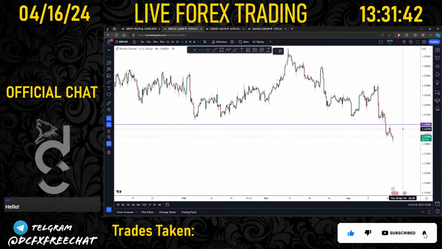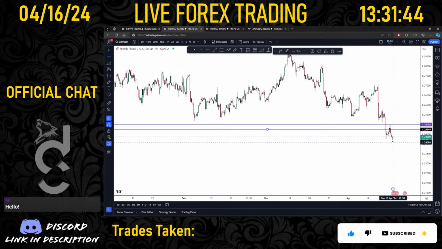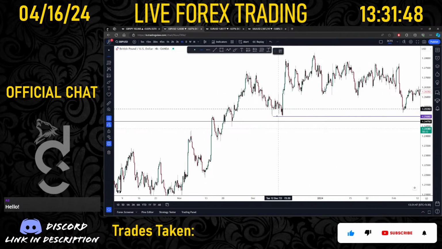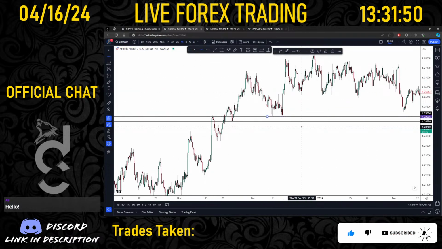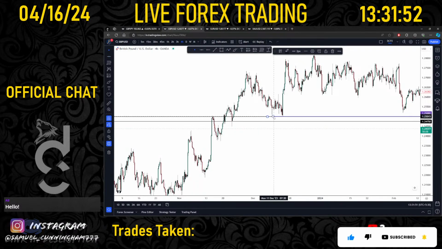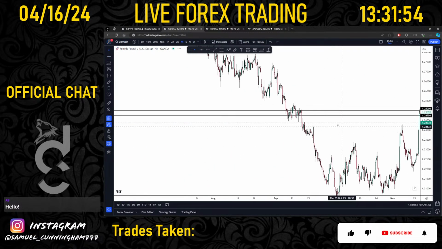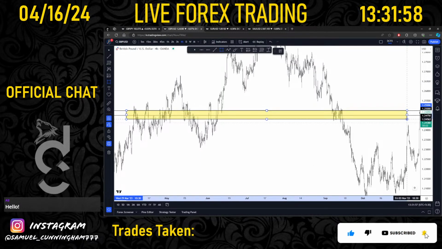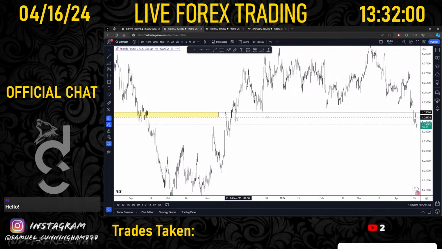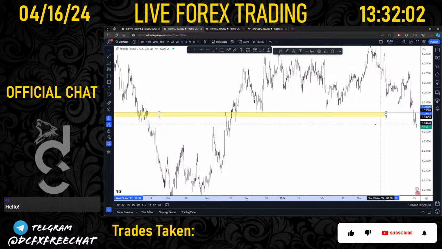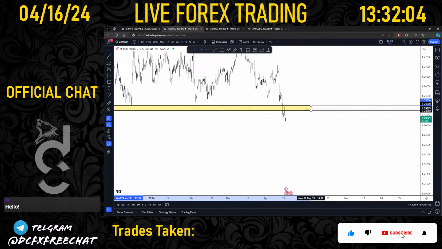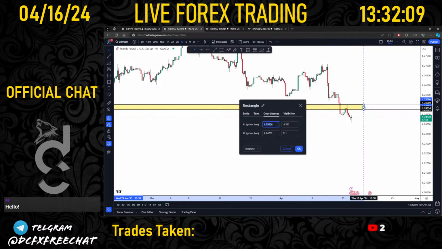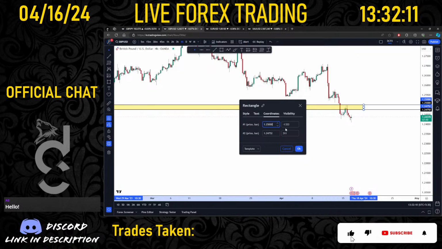Interesting. GU. Okay, so that is the resistance we're gonna be looking at using when GU comes back up. When we look for sells, that's the resistance we're going to be looking at, the 4-hour time frame, previous market structure.